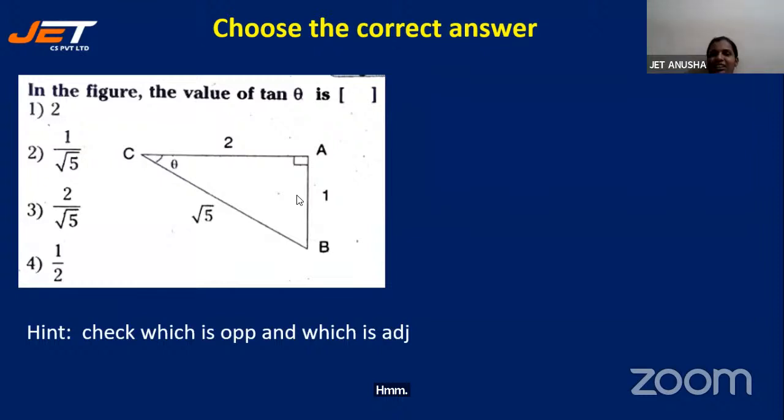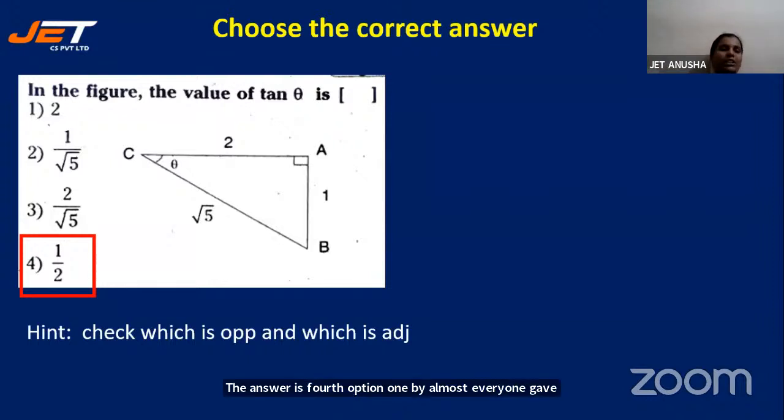Reneshwari 4, Navanit 4, Shravanya 4, Manohar 4. So everyone is giving me the answer as 4. Let's see what is the correct answer. The answer is the 4th option, 1 by 2. Almost everyone gave me the correct answer. I congratulate you for your active participation and for your correct answer.